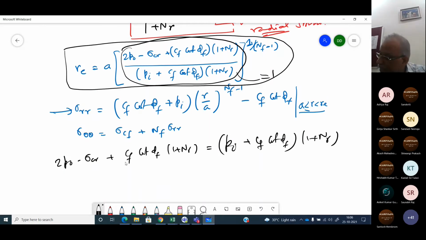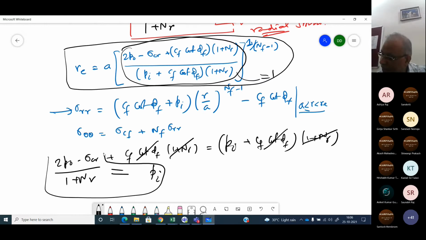Now you divide it by this 1 plus NR. Now here you can see this one will cancel. So actually this is coming Pi. Now what does that mean? If this is 1, can anyone tell me what is the value of Re?